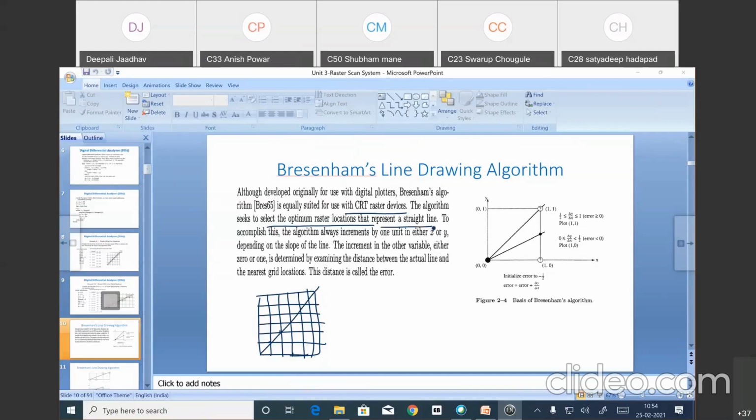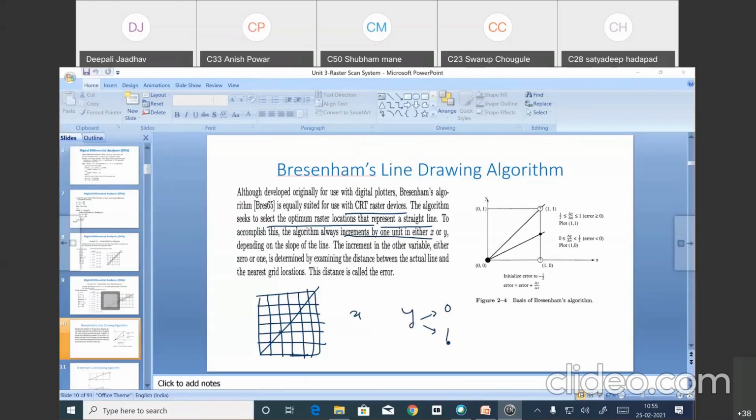To accomplish this, the algorithm always increments one unit, either x or y, depending upon the slope of the line. If the value of x is increased, then what about y? Y is either increased by 1 or kept as it is, whatever the previous value.